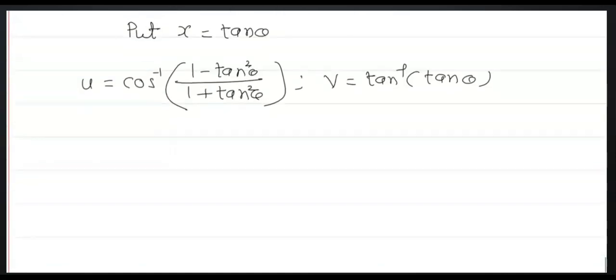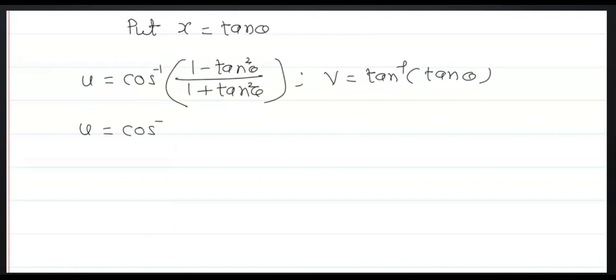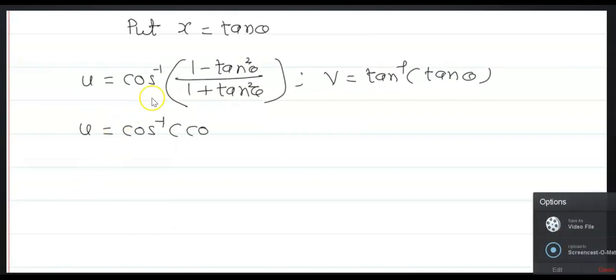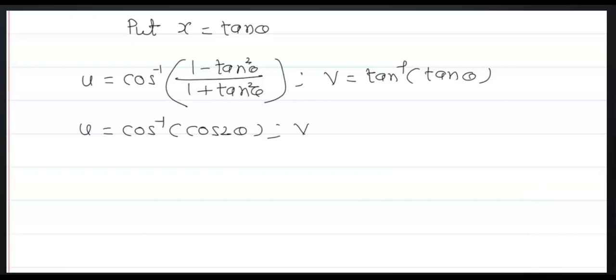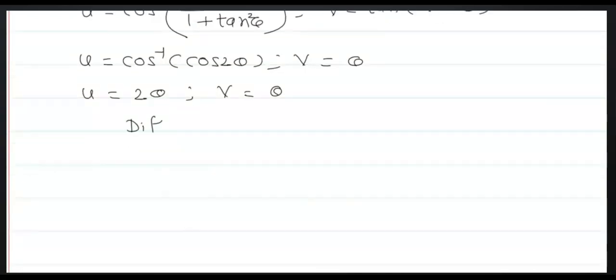And we have again the formula: 1 minus tan square theta upon 1 plus tan square theta is nothing but cos of 2 times theta. Therefore, u is cos inverse of cos of 2 times theta, and v is equal to tan inverse of tan of theta, that is theta. Now u is equal to 2 theta, v is equal to theta; differentiate again with respect to theta.